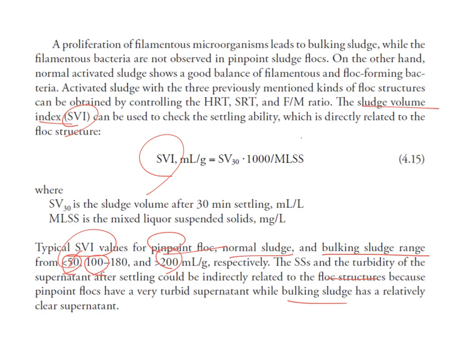So even if the SVI value for pinpoint flock is very small, it does not necessarily mean that it has very good settleability, because the supernatant still contains microbial cells.